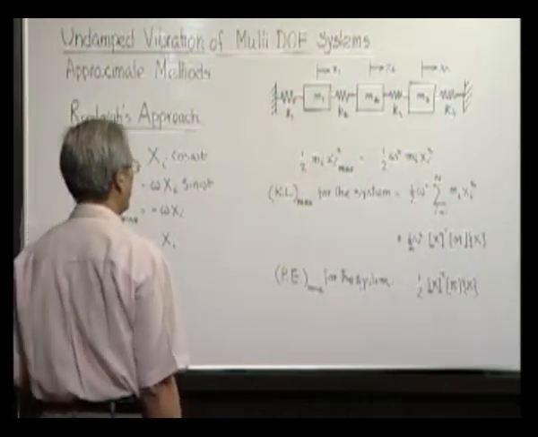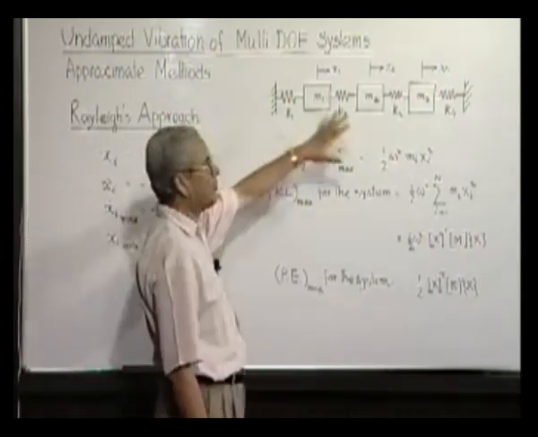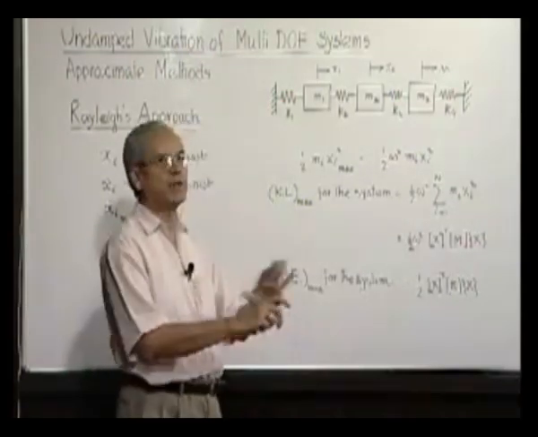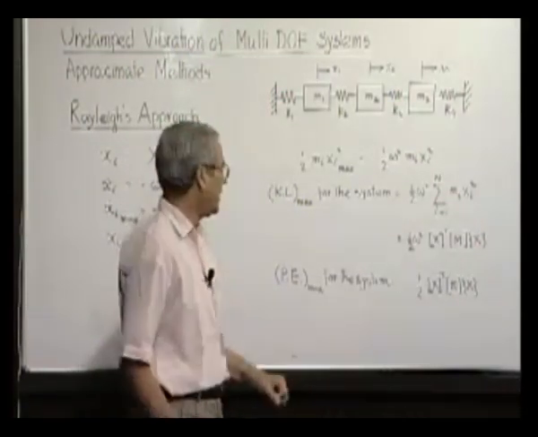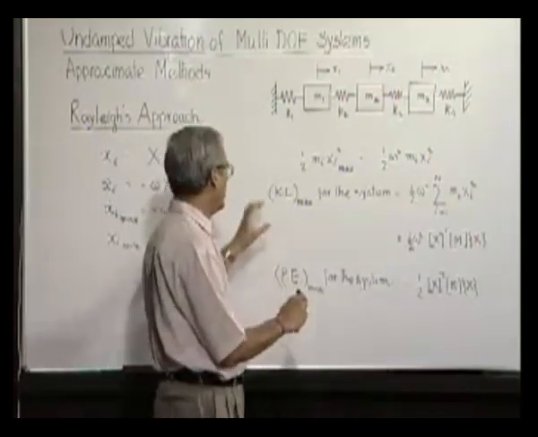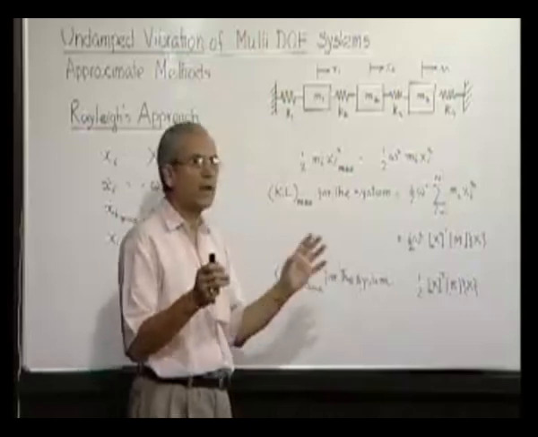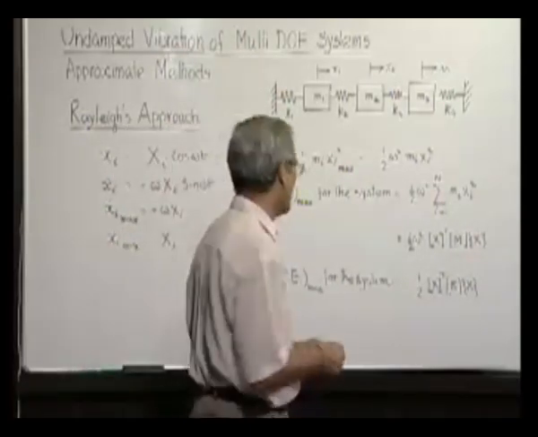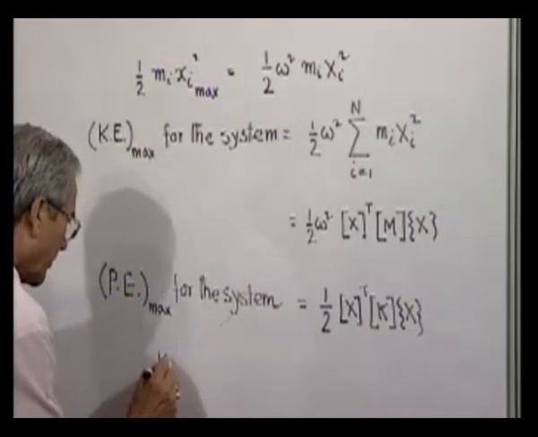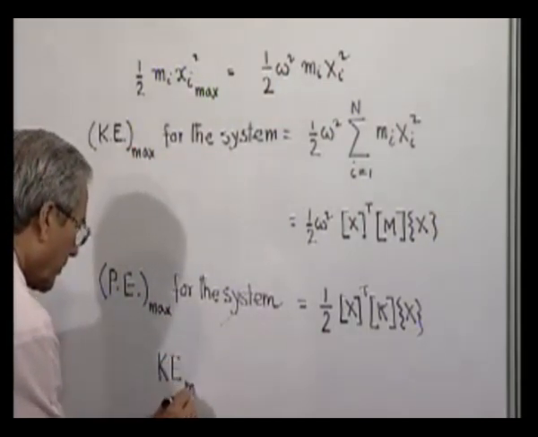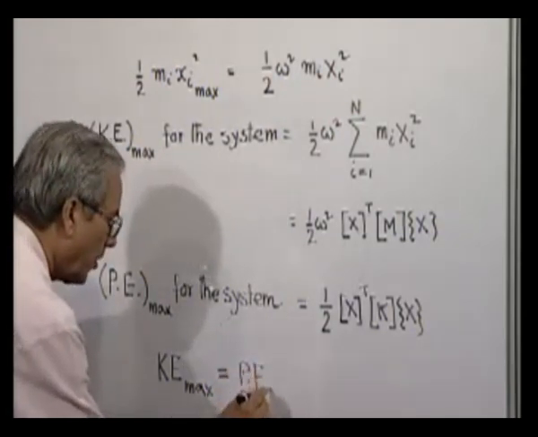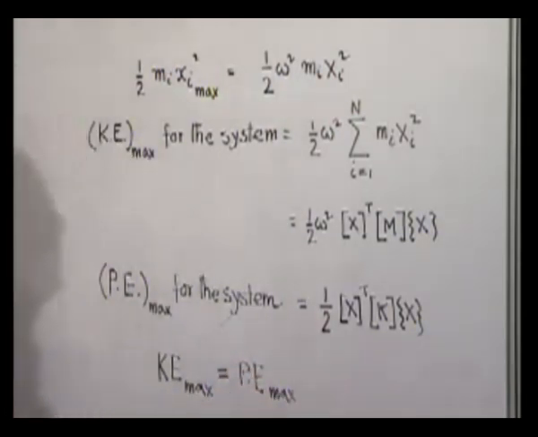So now we know that for a conservative system where there is no dissipation, when the kinetic energy is maximum, potential energy is 0. Similarly, when potential energy is maximum, kinetic energy is 0. So therefore, both of these two must be equal to the total mechanical energy of the system, and so they must be the same. That we have used even in the solution of the single degree of freedom system.